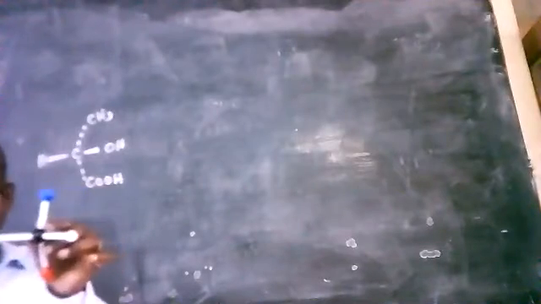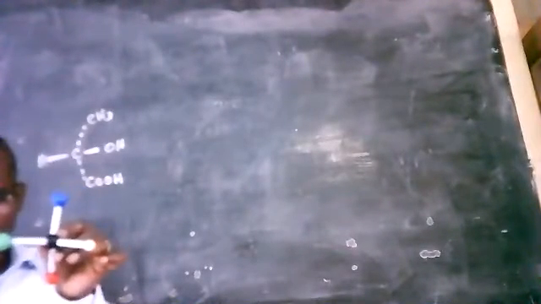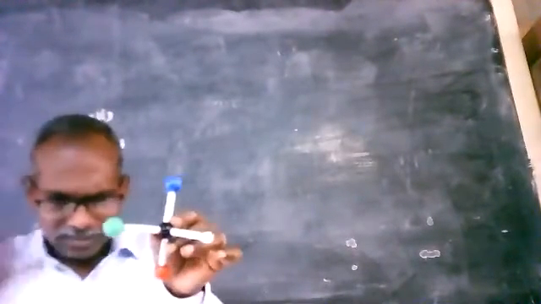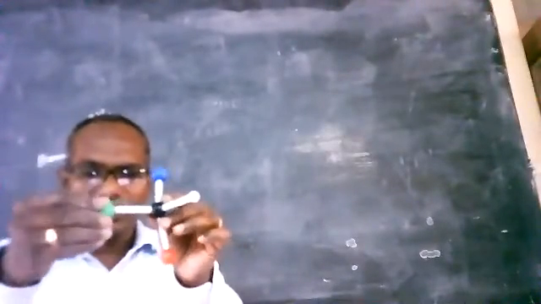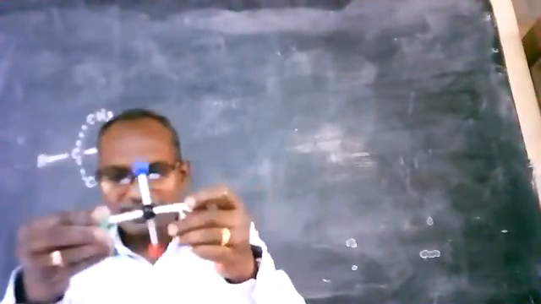Look here. This is how the molecule is. So you are able to see these two bonds are projecting towards the viewer, whereas these two bonds are away from the viewer. Are you able to understand? You should try to understand this particular thing.